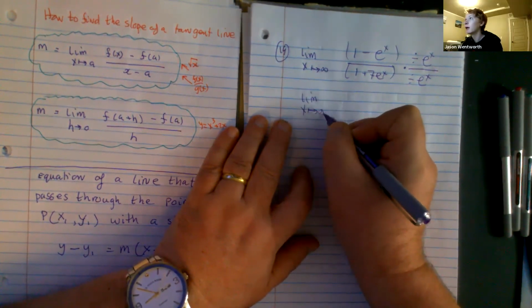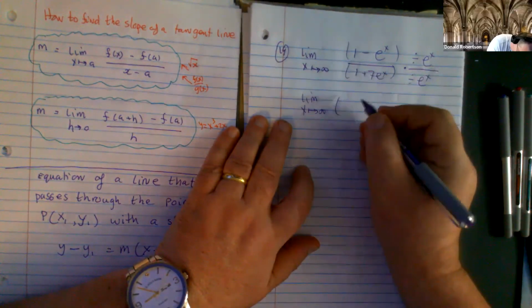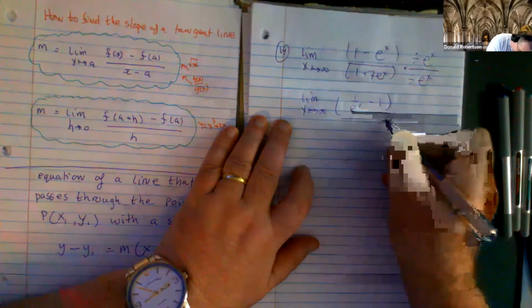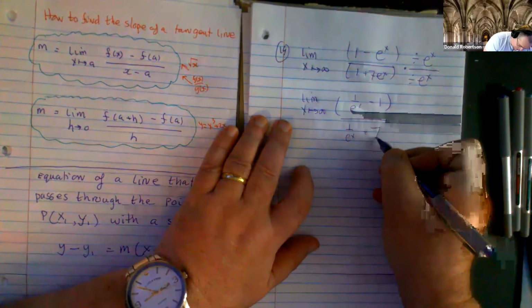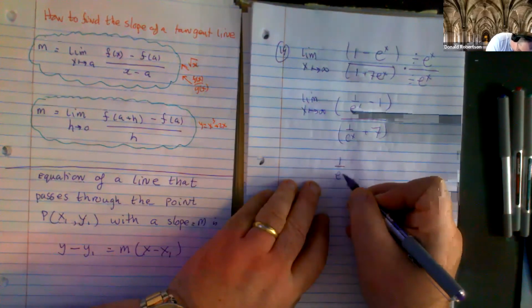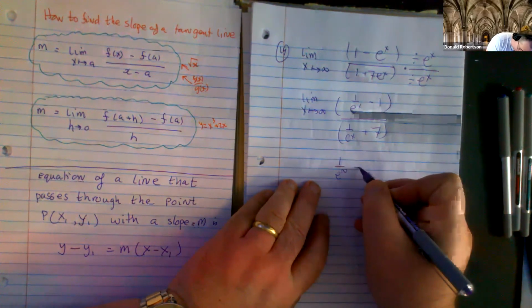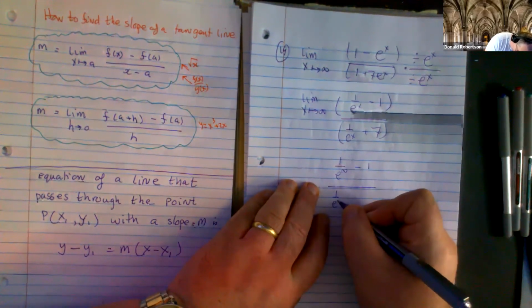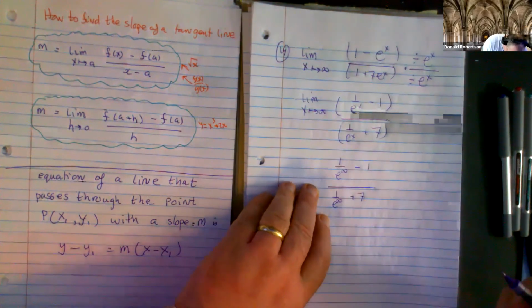Now this guy I'm going to call 1 over e to the x, take away 1. This guy I'm going to call 1 over e to the x plus 7. And then I'm going to do brute force. 1 over e to the infinity, take away 1, over 1 over e to the infinity plus 7. And then my argument goes like this.